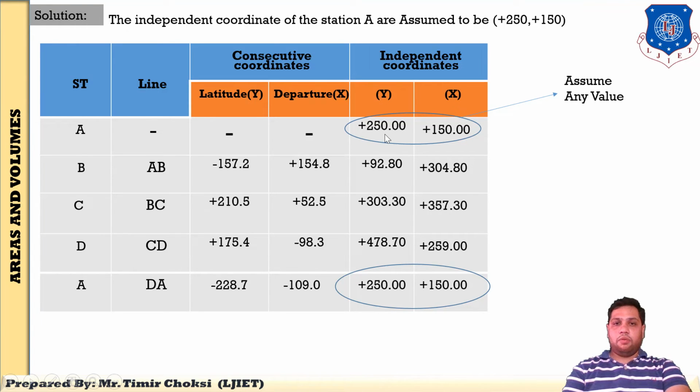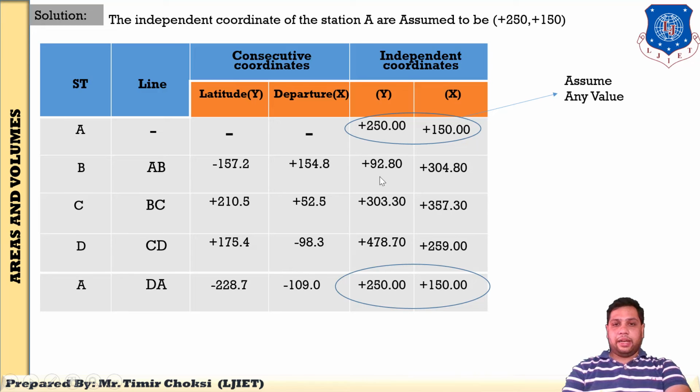Now you have to find all the other independent coordinates. Clearly listen, students. Here first 250 minus 157.2, because this is the y coordinate. So 250 minus 157.2, getting the answer 92.80.